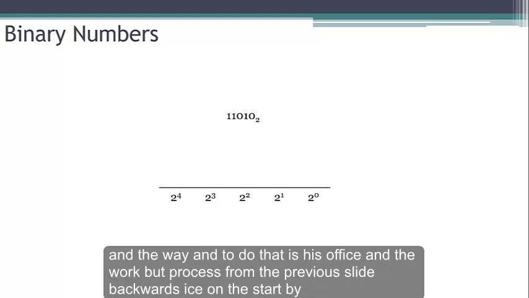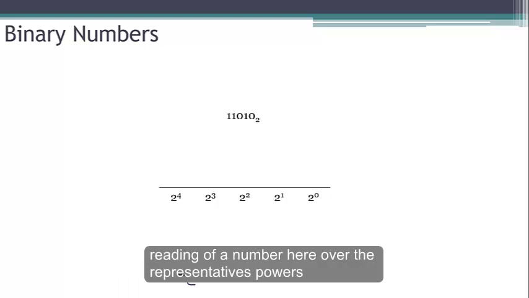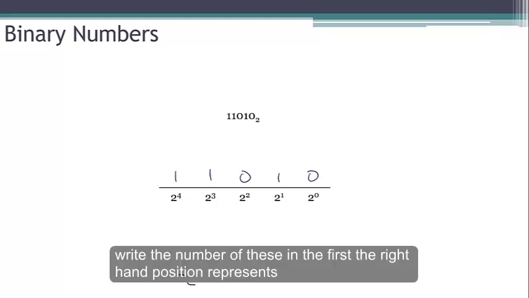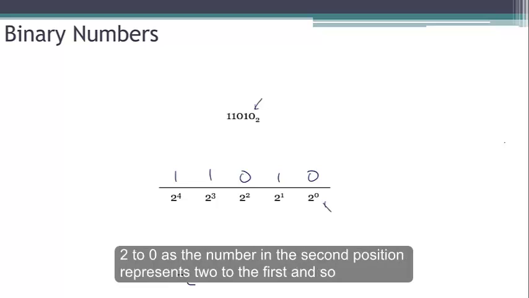The way I'm going to do that, like I said, is work the process from the previous slide backwards. I'm going to start by writing out my number over the representative powers of 2. The number in the first, right-hand position represents 2 to the 0. The number in the second position represents 2 to the first, and so on.